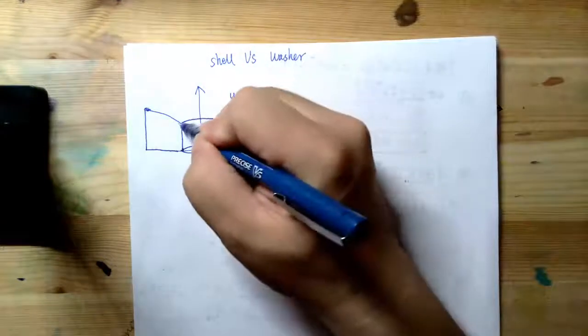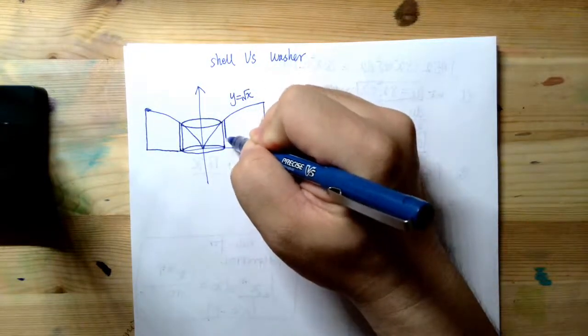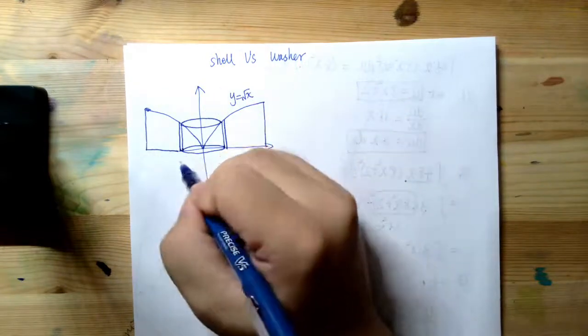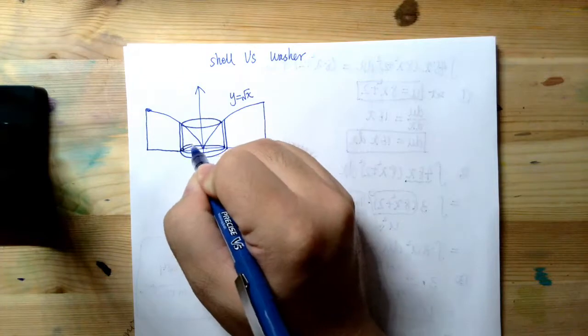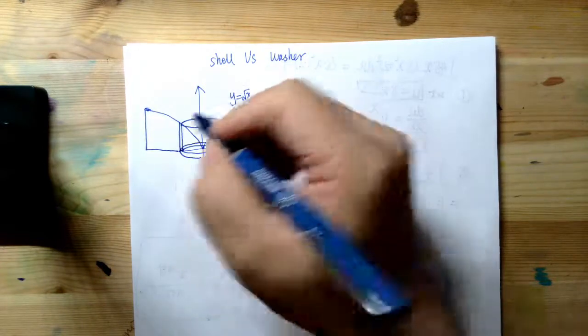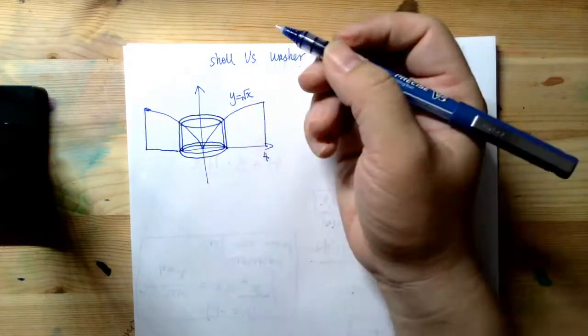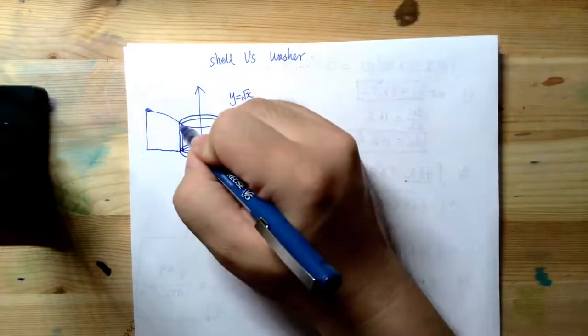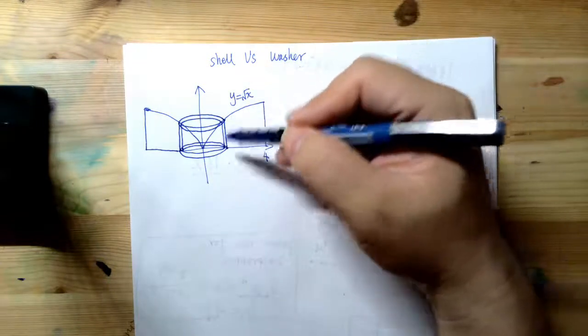To make things more straightforward, we try to draw this more accurately. This actually is going to be a shell.